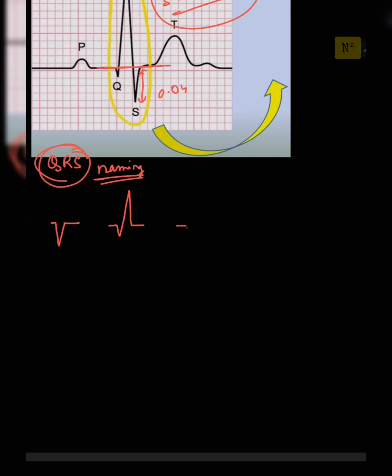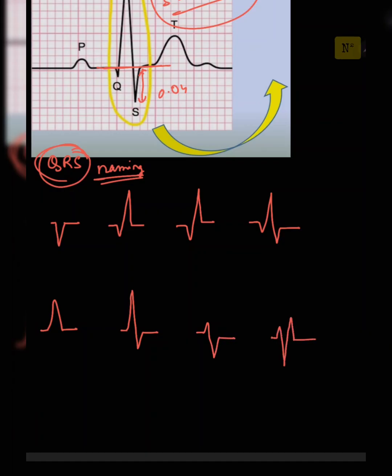Sometimes you will also find the complex looking like this, then like this, then certain leads will have this kind of morphology, then this kind, and in certain leads you will get this kind of morphology. Now all these are showing you the QRS complex only.